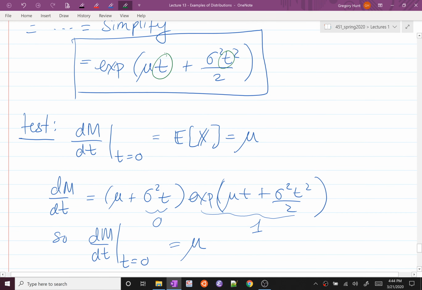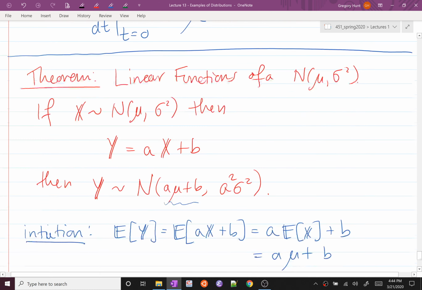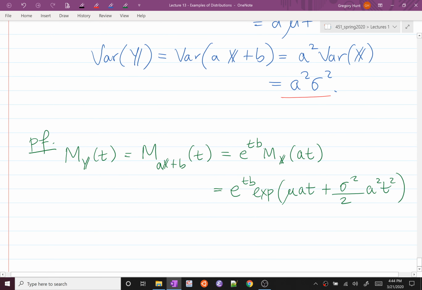And we can always bring the t b in here. This is a mu plus b times t plus a squared sigma squared times t squared over 2.